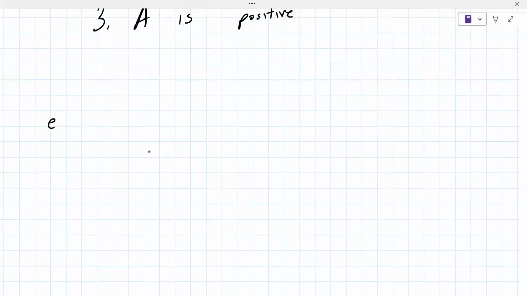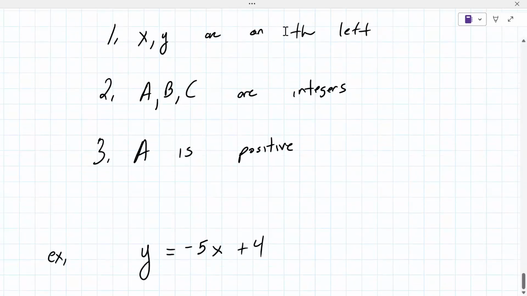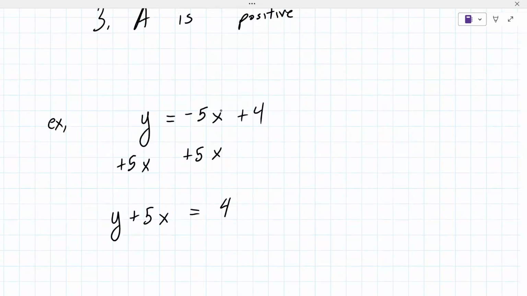So typically you'll start out with something like this: y equals negative 5x plus 4. Okay, and the first thing here is that x and y are on the left. Basically, they're on the same side, and the constant's on the right. So we have to move the x term left. So you would add 5x to the left like this: y plus 5x equals 4.